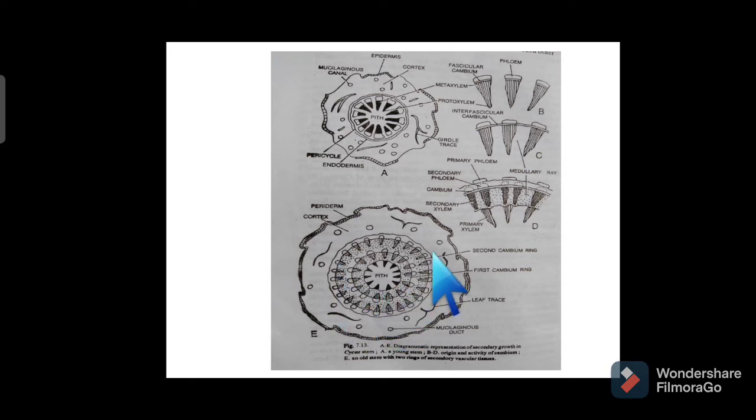So a 20 centimeter diameter stem of a species of Cycas, that is Cycas pectinata, shows as many as 14 successive concentric rings of vascular cambiums. And these concentric rings are separated from each other by a few layers of parenchymatous cells.